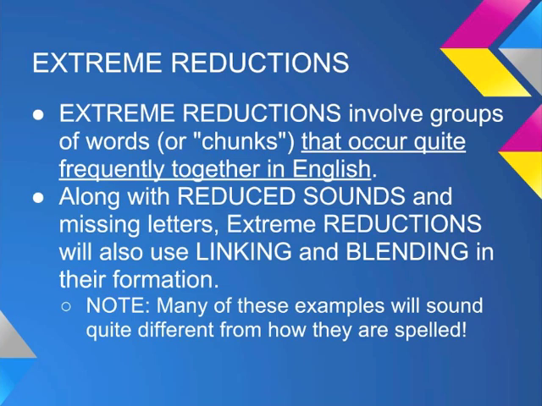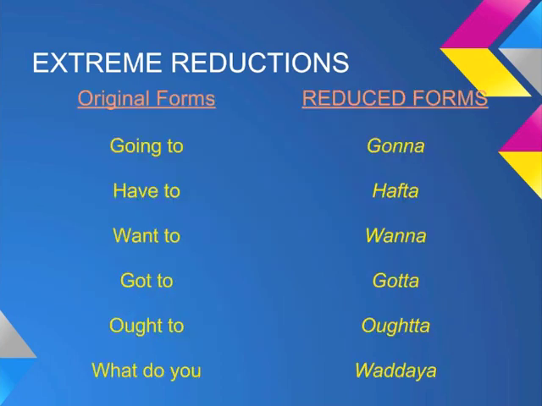Now note, many of these examples will sound quite different from how they are spelled. So looking at the examples on the left, these are the original forms, and on the right, these are the reduced forms that we use in pronunciation. Now please remember that these are only used in pronunciation, not in actual writing. But let's try them. Going to becomes gonna. Have to becomes hafta.